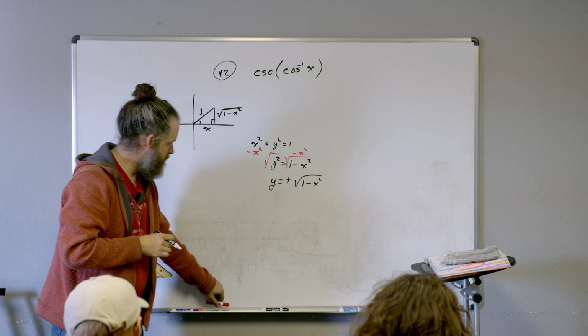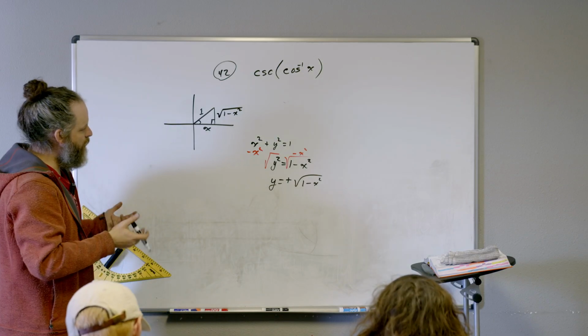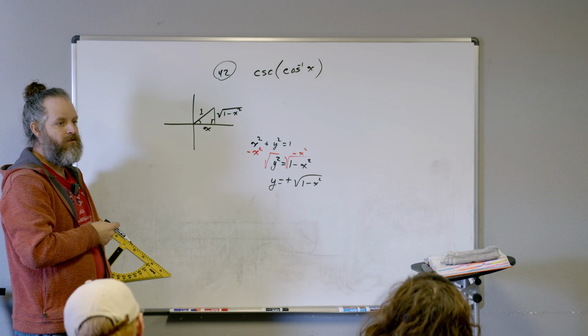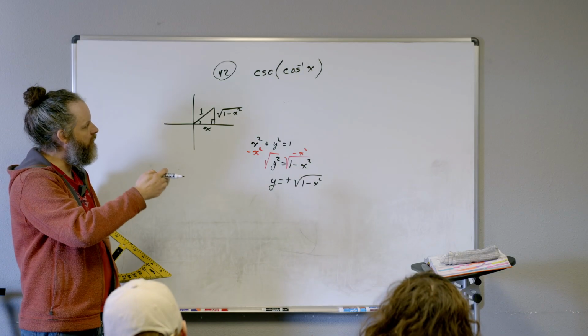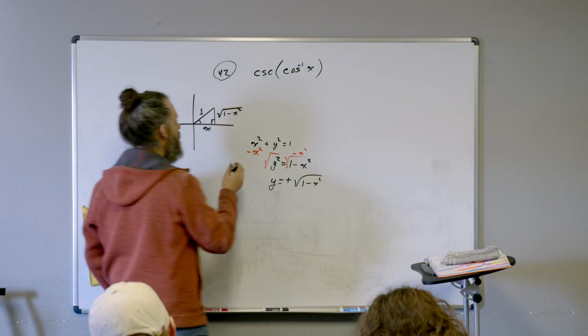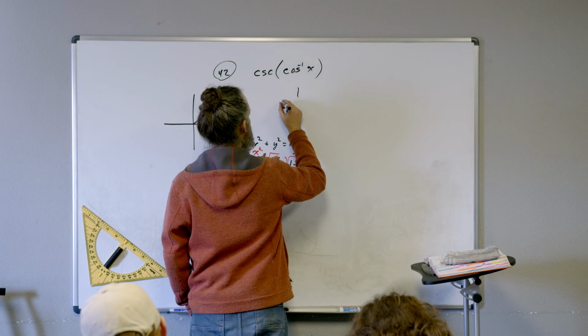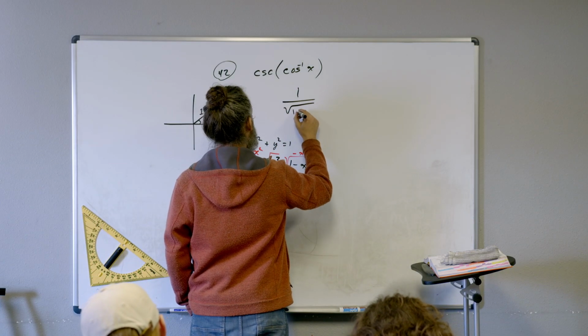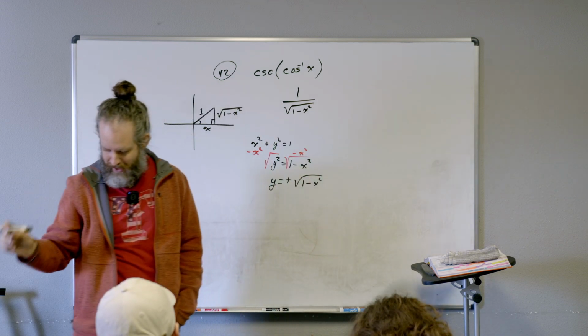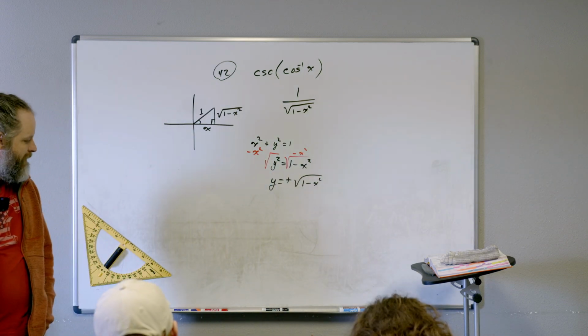Okay, then we need to find the cosecant of that. So what is cosecant? It is 1 over sine, so r over y, right? So that would be 1 over the square root of 1 minus x squared. Problem, red flag on the play. What's the problem?